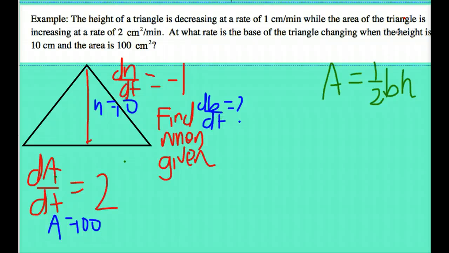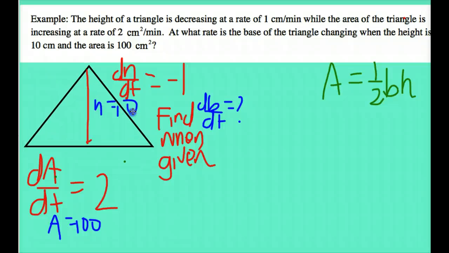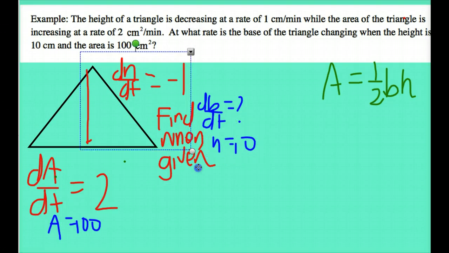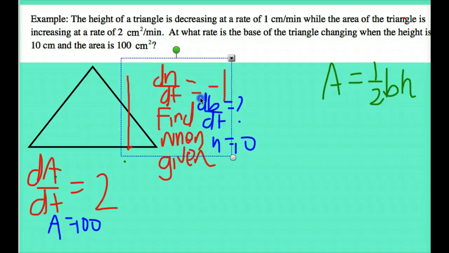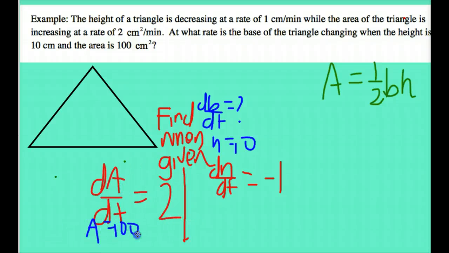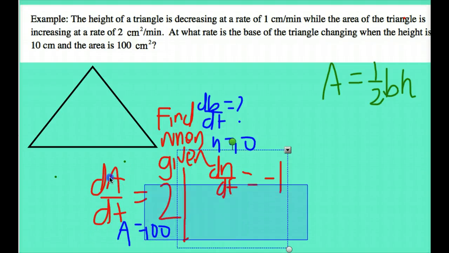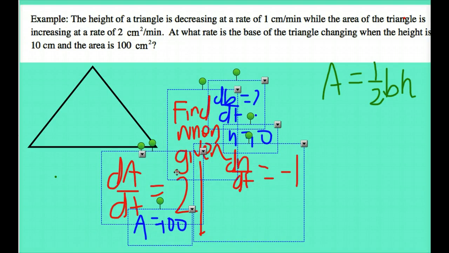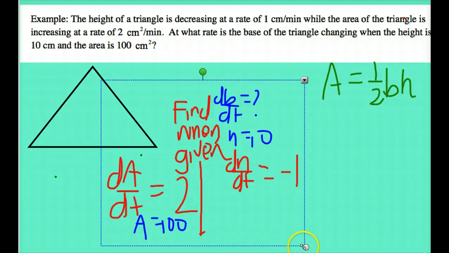And it says when the height is equal to 10. So I want to do this when the height is equal to 10, given all this information right here, and this right here. So all of this information is going to give us an answer to this problem.